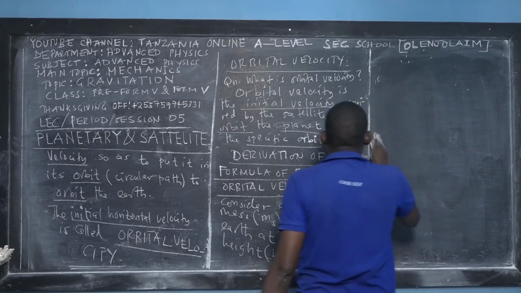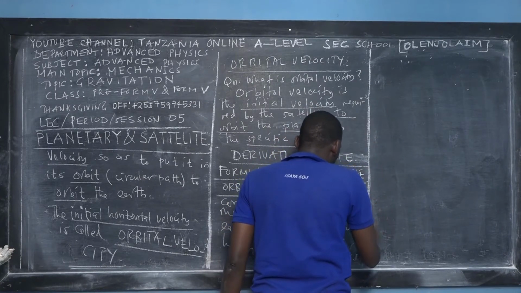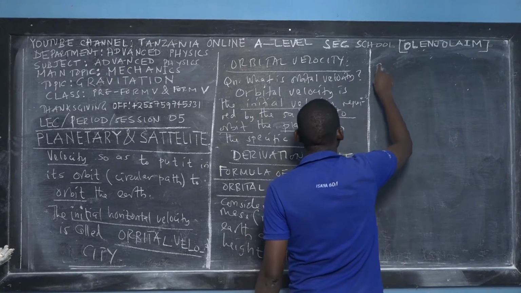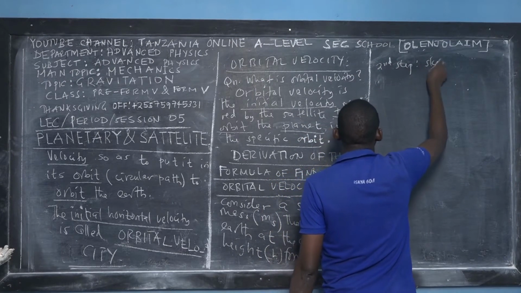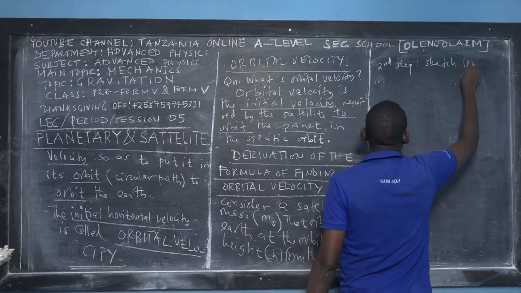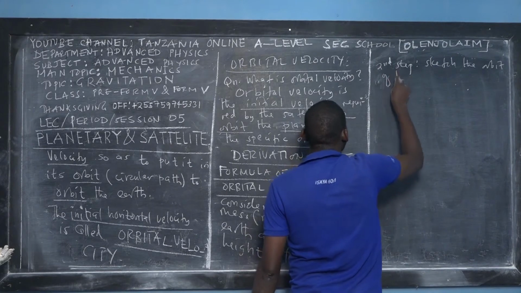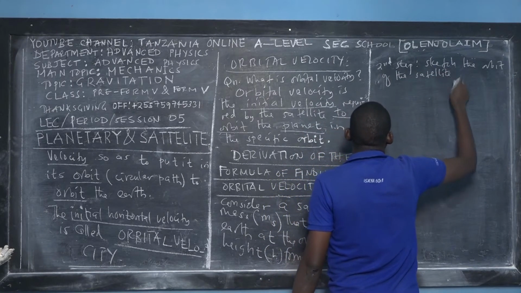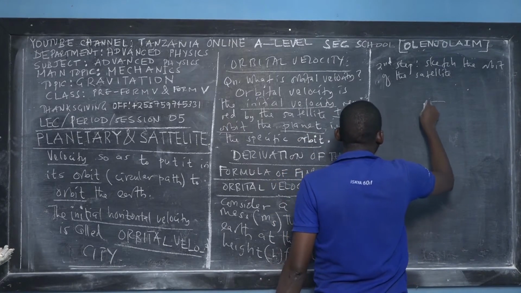Determine its initial velocity that we call orbital velocity. So the second step: let us sketch the orbit of the satellite. We say that this is the Earth's surface.